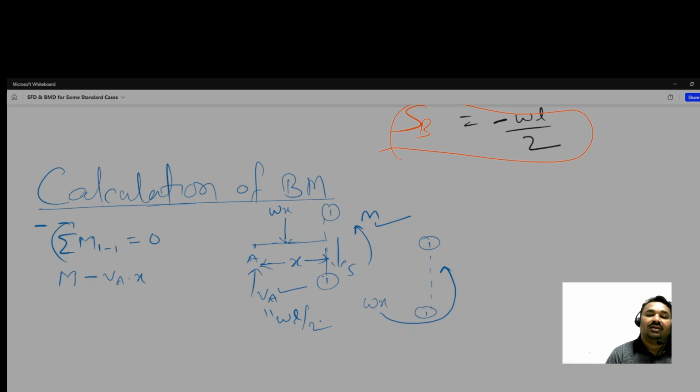Okay, so clockwise positive WX, and where it is acting, it is acting at X by 2. Here X by 2 is equal to 0.